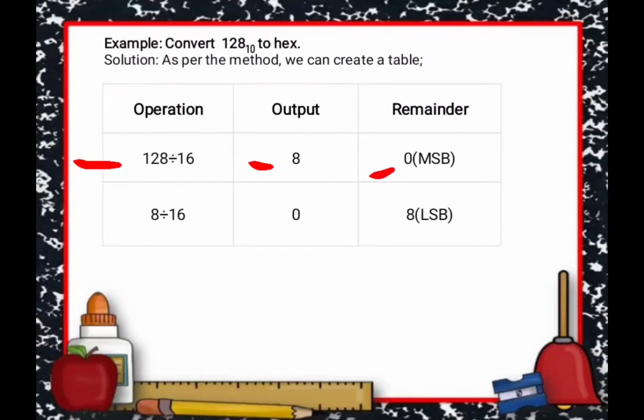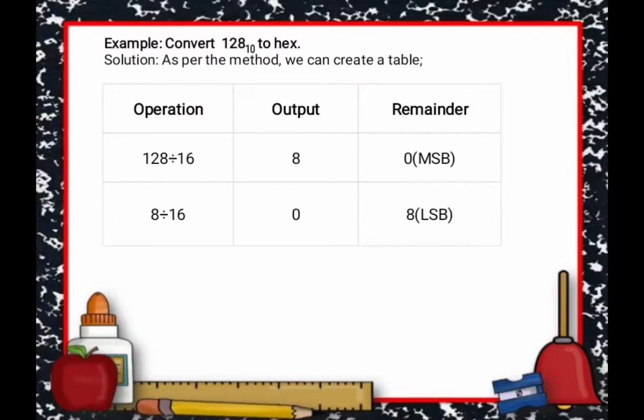That 0 is the MSB. MSB stands for most significant bit. Then 8 again divided by 16, we have 0 with the remainder of 8. That is the LSB. LSB stands for least significant bit. Okay?